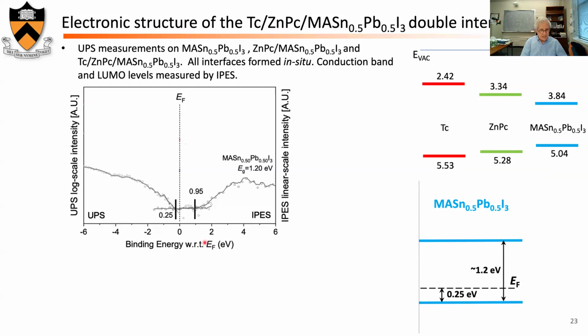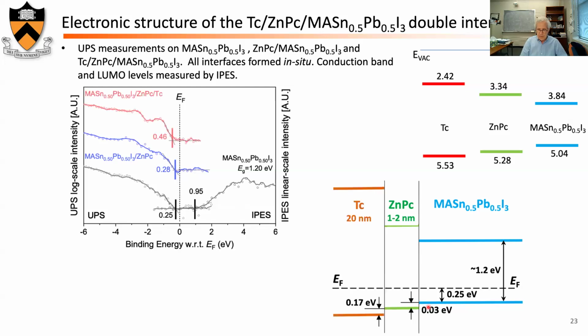So these are the photoemission and inverse photoemission data for the perovskite. And then this is the valence state for the zinc PC on the perovskite. And again, we find a very small energy difference between the HOMO level of zinc PC and the valence band maximum of the perovskite, 30, 40 millivolt or so, at least within our accuracy.